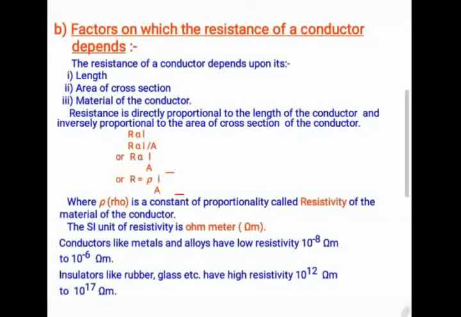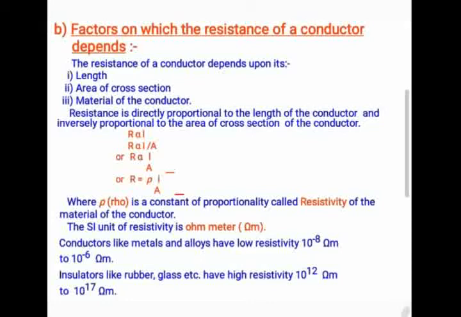Factors affecting resistance of a conductor. The following factors affect the resistance of a conductor: first, length of conductor; second, area of cross section of conductor; third, material of the conductor. First, length.